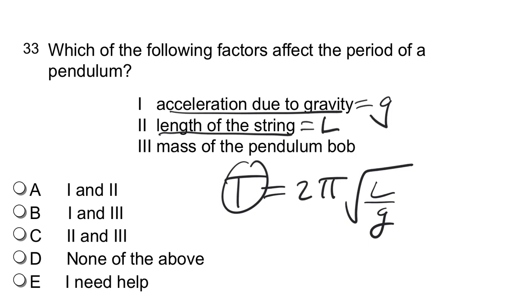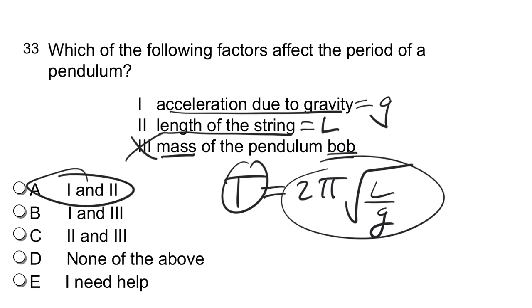Yes, it is. The mass of the pendulum bob, they call that thing at the end of the pendulum a bob for some reason? No, mass is not in there. So it's only 1 and 2. Mass is not in this equation. I could also say amplitude. Amplitude doesn't matter either.